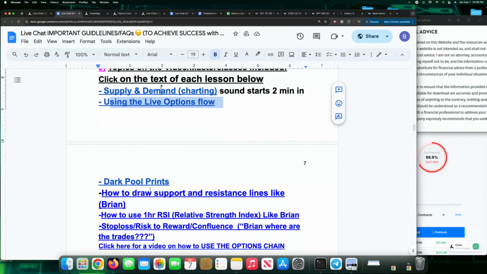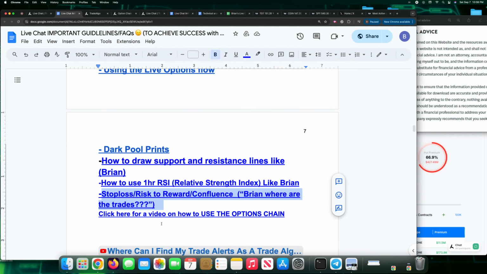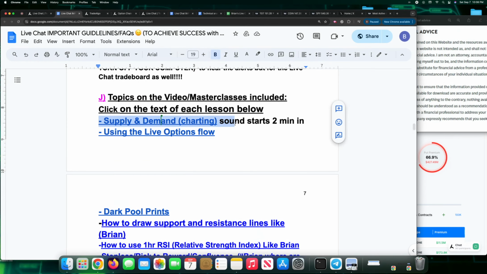How to use the live options flow, dark pool prints that Eric created, how I personally draw support and resistance, how I use the 1 hour RSI, which is a tool that I love using, stop loss, risk management, etc., how to use the options chain on our platform before picking any contracts, and of course supply and demand that Ross created, another analyst at Trade Algo.